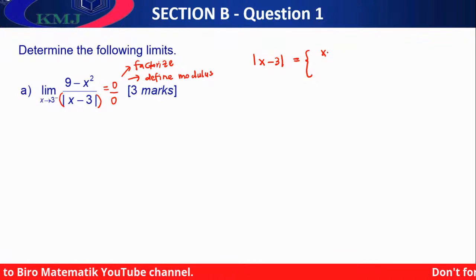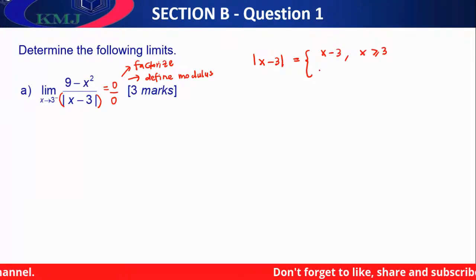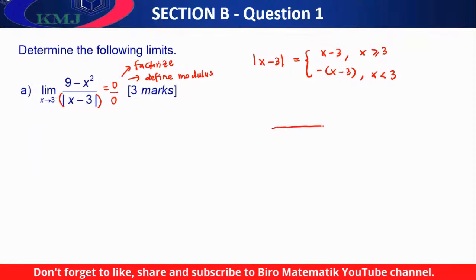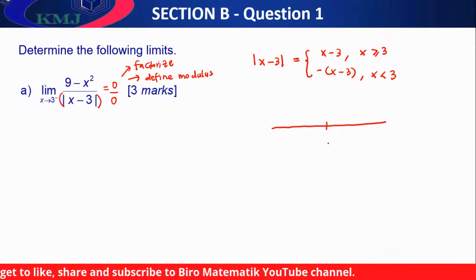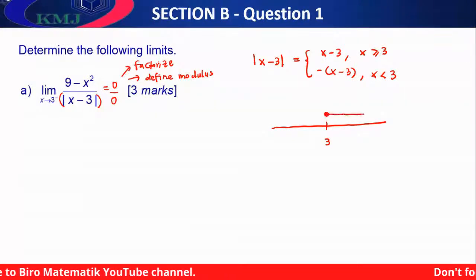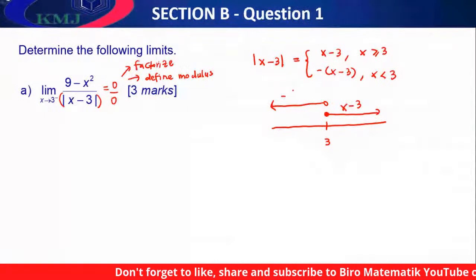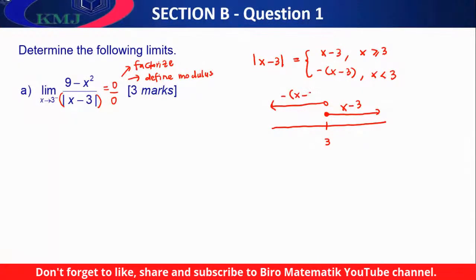We get x minus 3 for x greater than or equal to 3, and negative x minus 3 for x less than 3. Sketch the number line. For x greater than or equal to 3, we use positive x minus 3. For x less than 3, we use the function negative x minus 3.